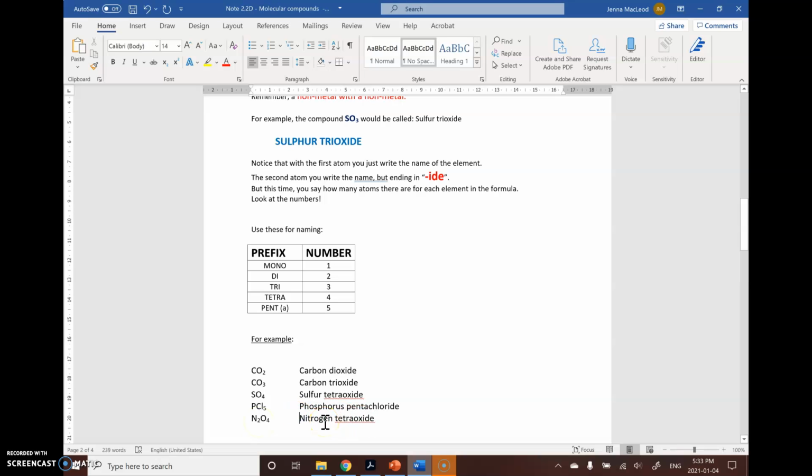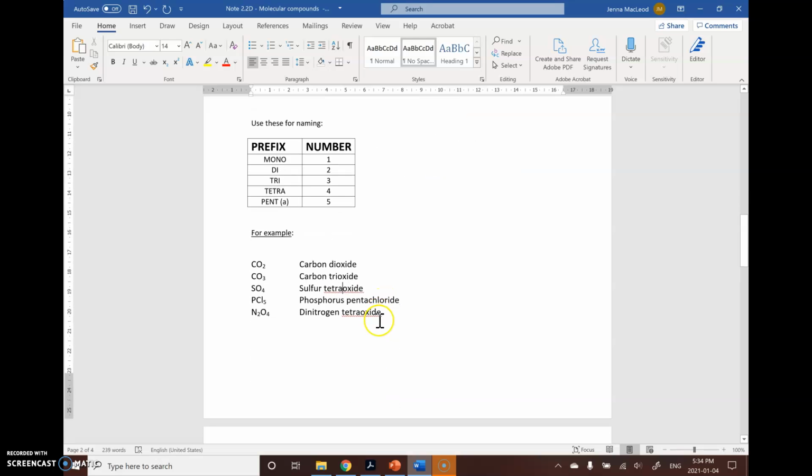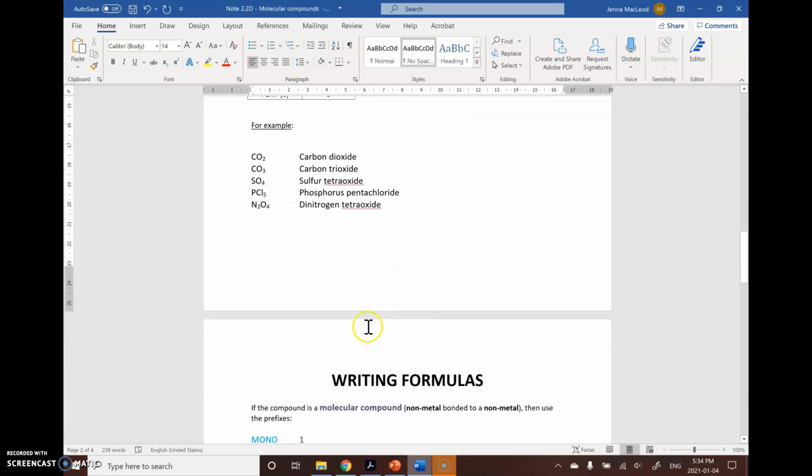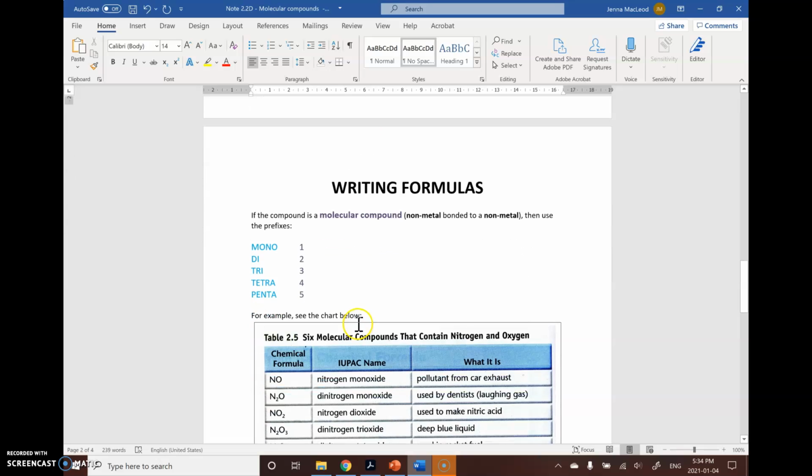So this is going to be dinitrogen tetraoxide. If there's a 1 here or nothing in front of it, which means there's a 1, you don't have to put mono out in front. Only if this number is bigger than 1 do you put the prefix. And we only do this when it's a nonmetal and a nonmetal.